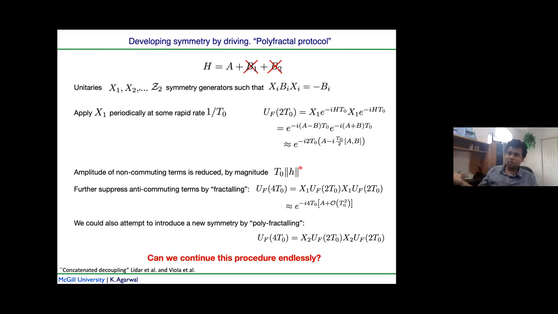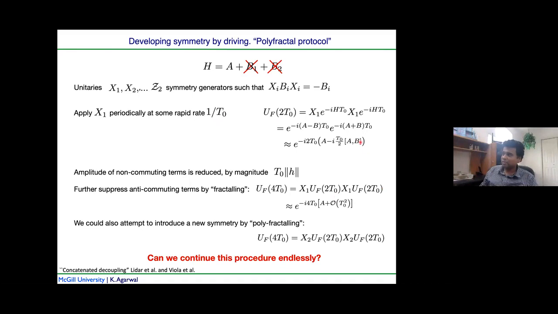And so you can continue doing this by what we call fractaling. You were driving the system with x1 at a frequency 1 over t0, but you can also then drive it at frequency 1 over 2t0. So there's a self-similarity in the protocol.